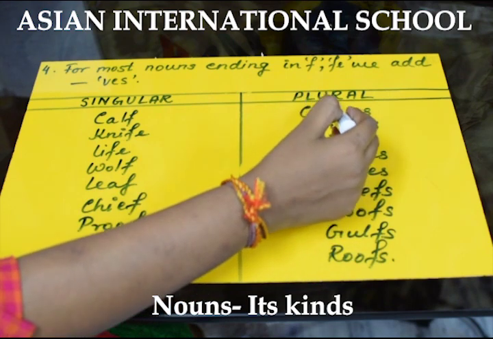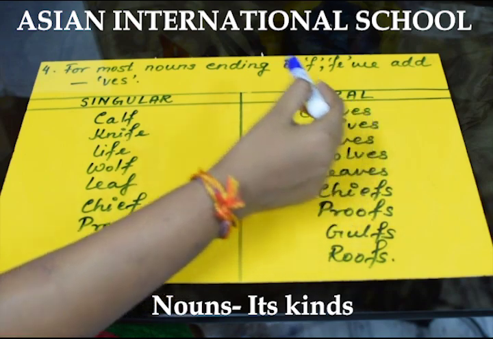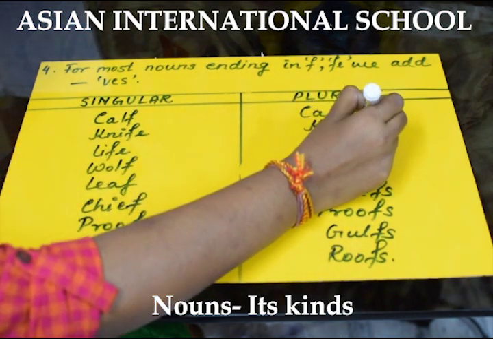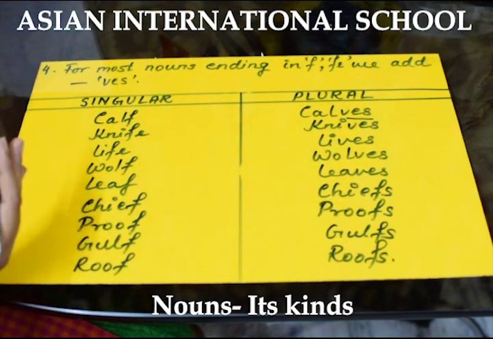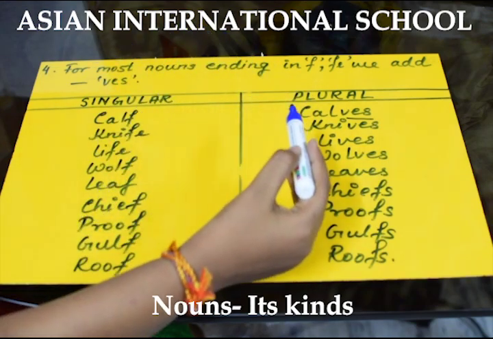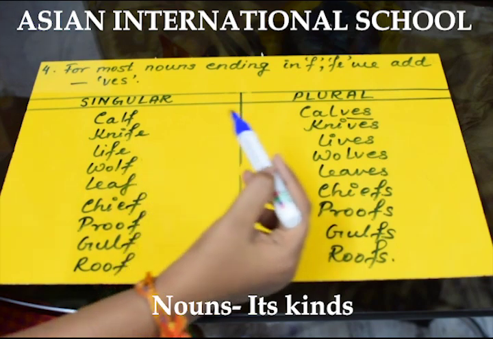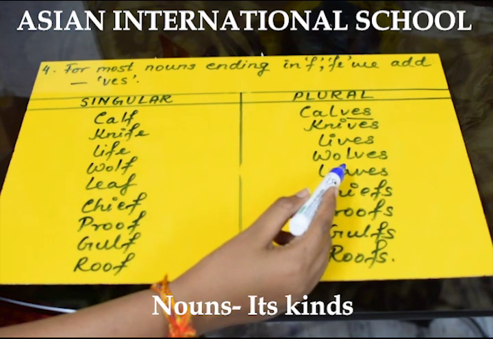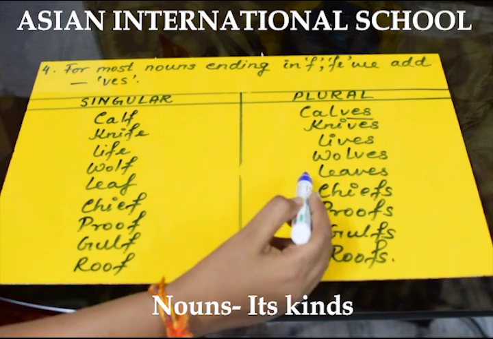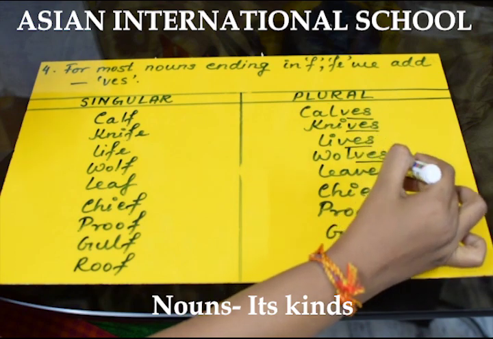So cal, we remove the f, and instead of f we put ves. So cal, ves, calves. Similarly, knife becomes knives, life, lives, wolf, wolves, leaf, leaves. Here you can see that all the f and fe in these words have been replaced by ves.